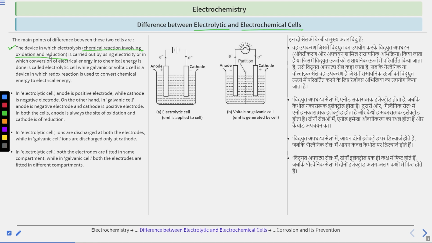A device in which electrolysis is carried out by using electricity, that is, in which conversion of electrical energy into chemical energy is done, is called an electrolytic cell.